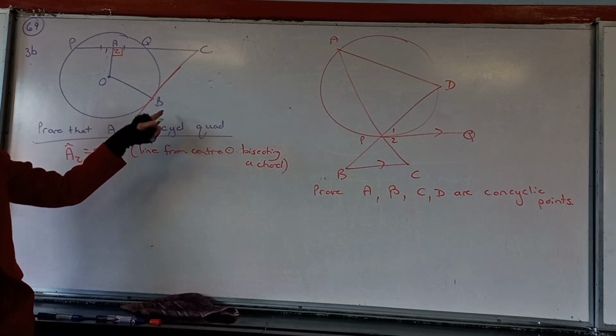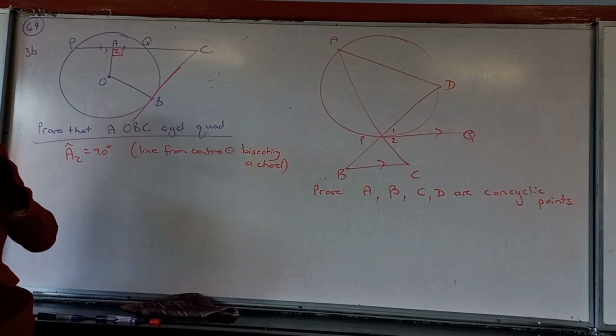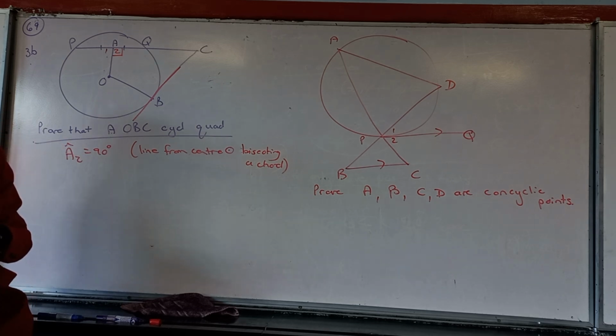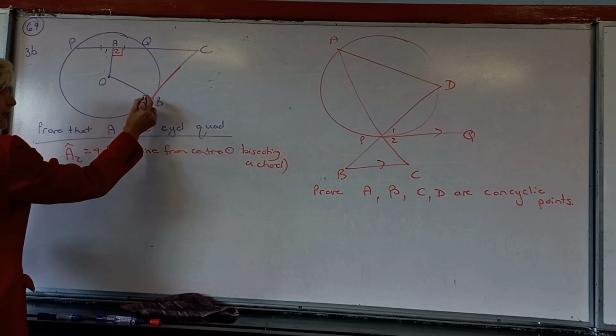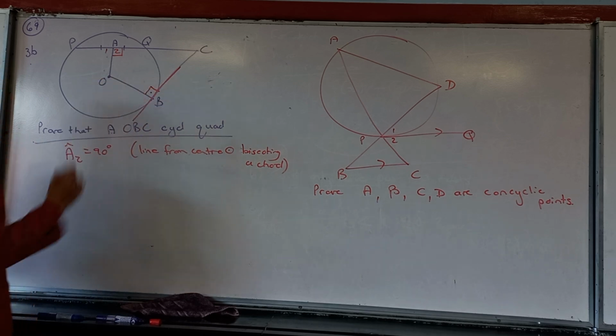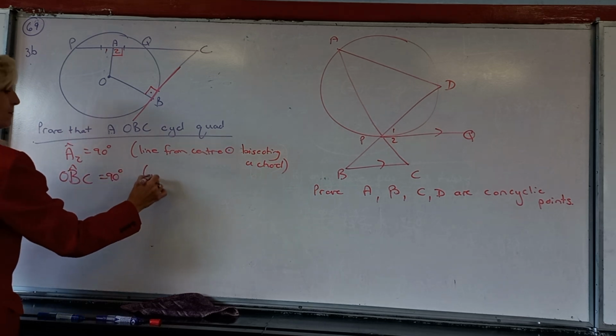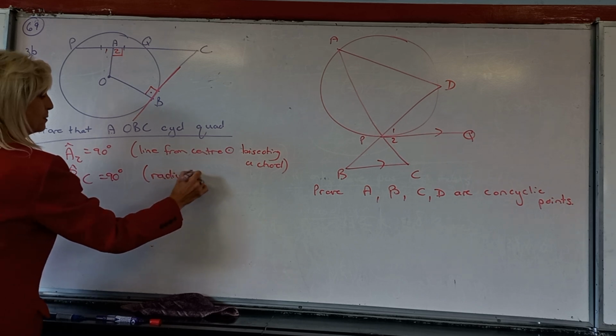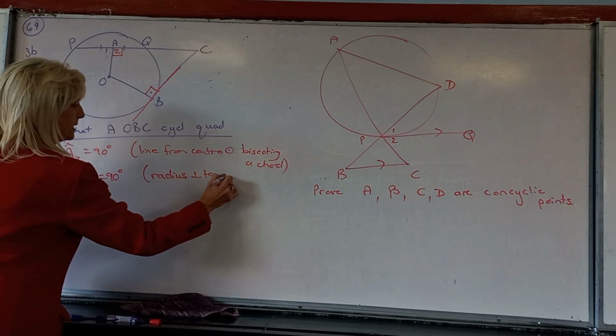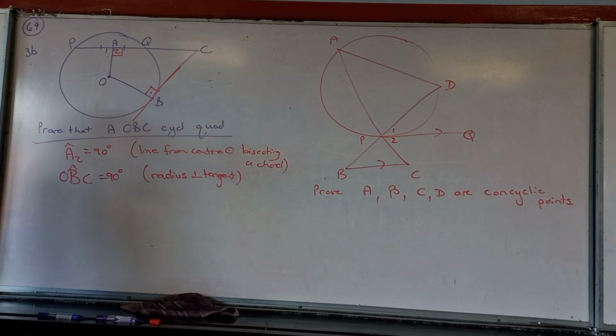But what other theorem have I got? Tan chord? No, it's not tan chord this time. The radius and tangent are perpendicular to each other. So OBC is also 90 because of radius perpendicular to tangent. And if you want to say tangent perpendicular to radius, that's true.